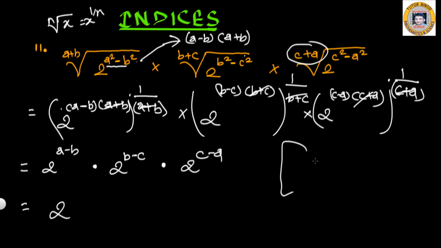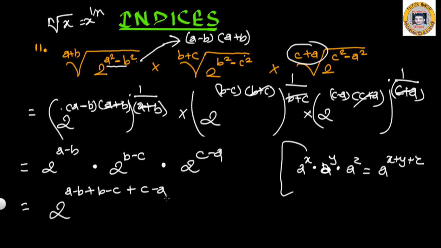So let me remind you, if I have a to the power x times a to the power y times a to the power z, you would be having a to the power x plus y plus z. So in this case you would be having 2 to the power a minus b plus b minus c plus c minus a.